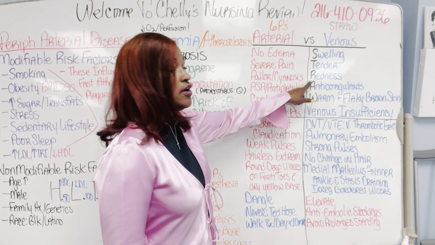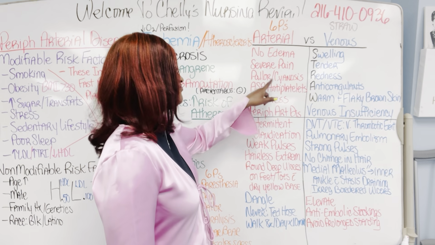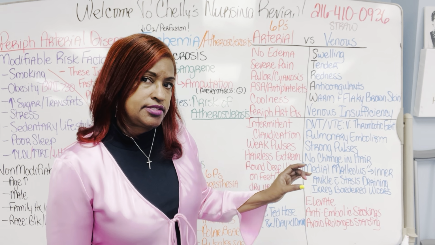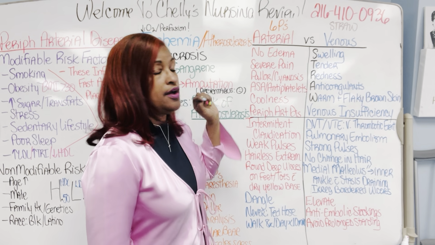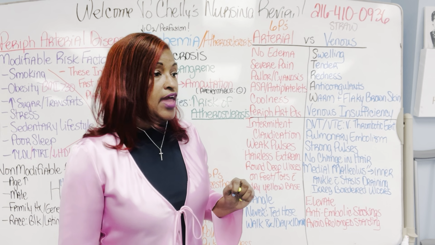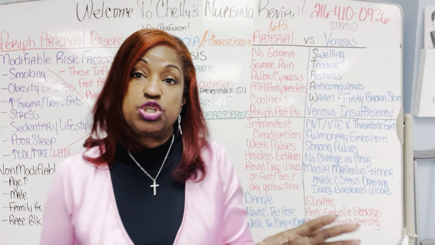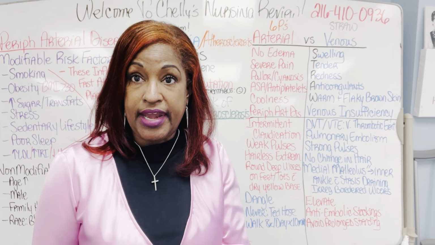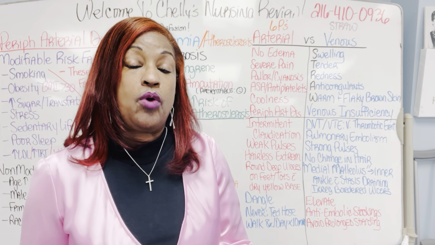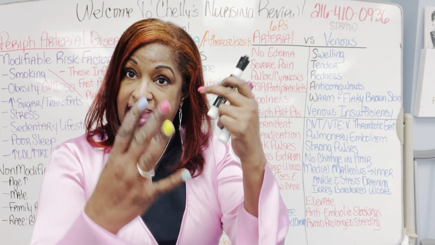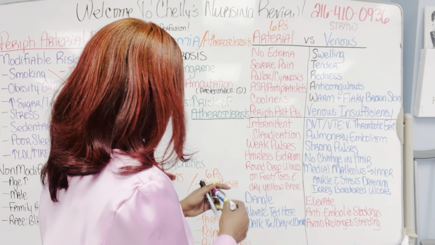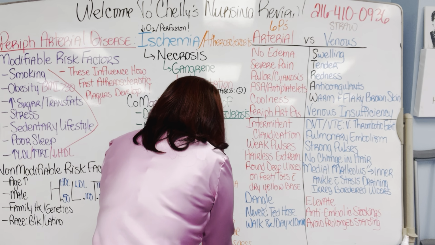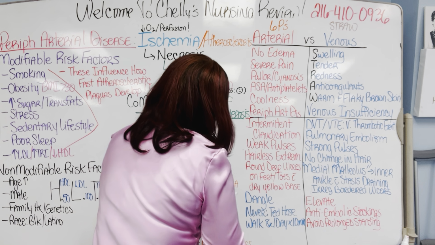Where there is redness, there is pallor and cyanosis on the side of the arterial patient. They may not have much color to their extremities because the color of blood is red and they don't have a lot. Now, what does happen is if they dangle, and you'll see that down here, then they get something called rubor.